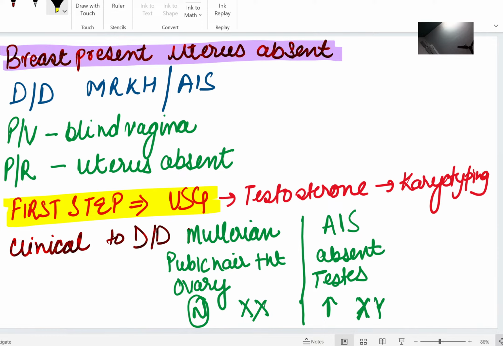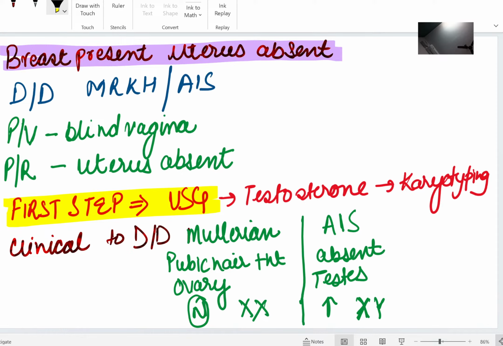Because the male androgens, which are large in amount, get changed into estrogen. What is the PV finding in both of these conditions? There will be a blind vagina. On per rectal, the uterus will be absent.